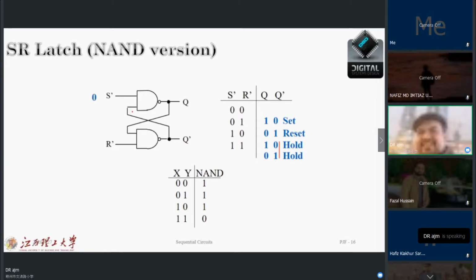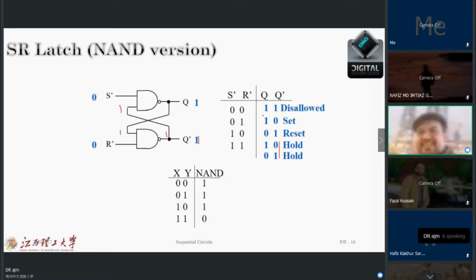Just now we have one condition, which is S equal to 0, R equal to 0, and Q is, suppose, 1. If Q is 1, then my Q prime is 1. 1 will go here, and my output is 1 and 1. You will see, yes, this condition is disallowed.